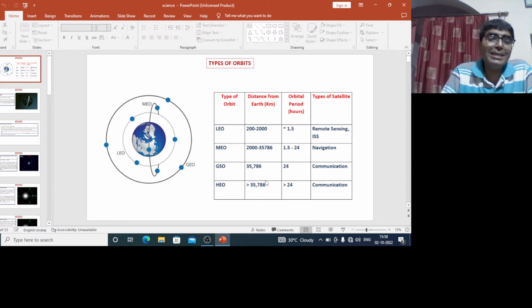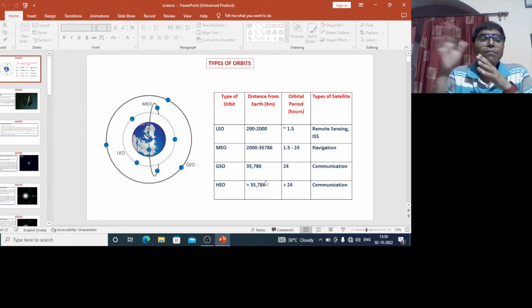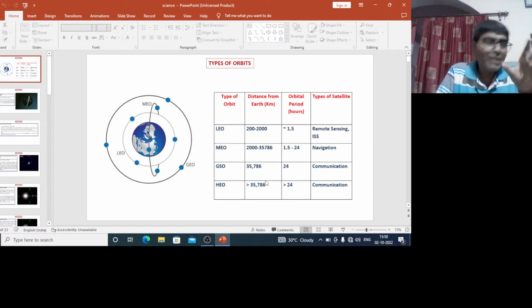Next, number three is the geostationary orbit. This is the orbit at 35,786 kilometers. Geostationary means that when you take the range of 35,786, it is known as geostationary orbit, which has an orbital period of 24.